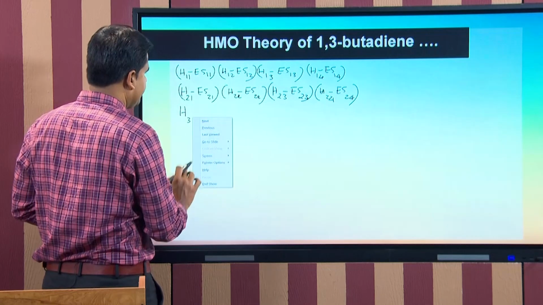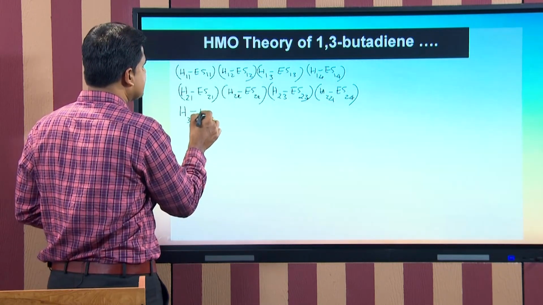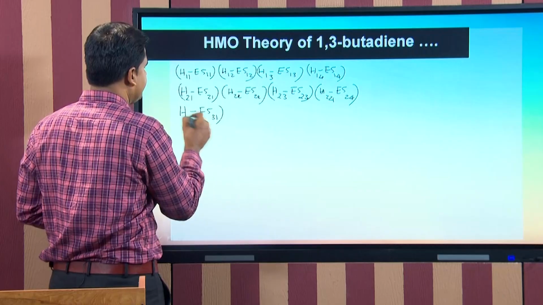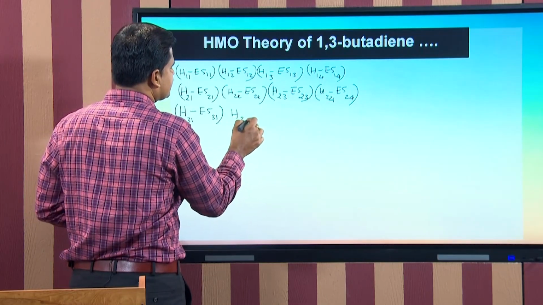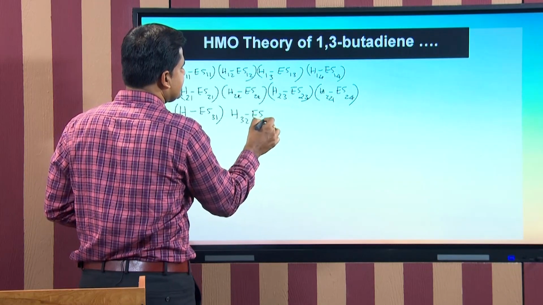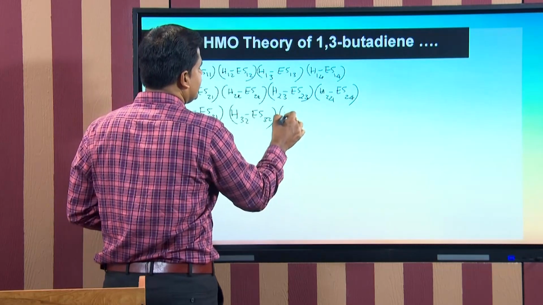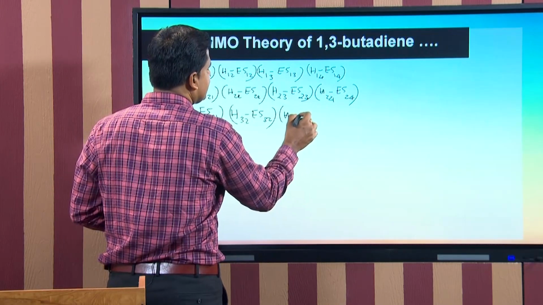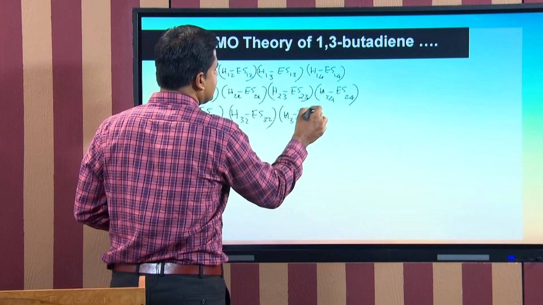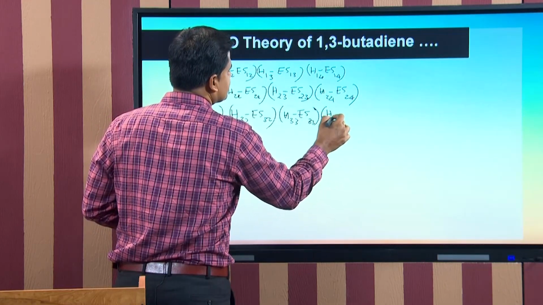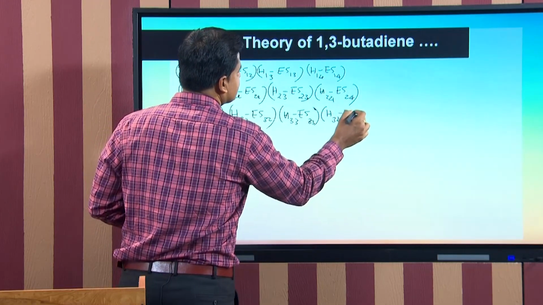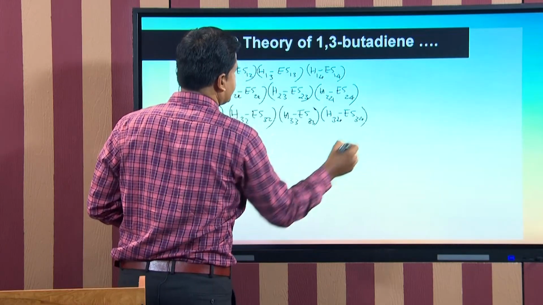H31 minus ES31, H32 minus ES32, H33 minus ES33, H34 minus ES34.